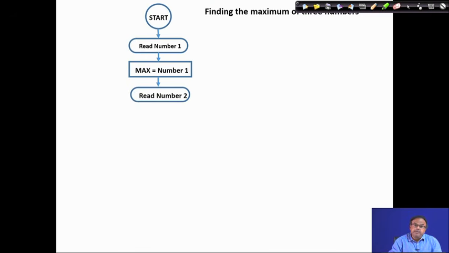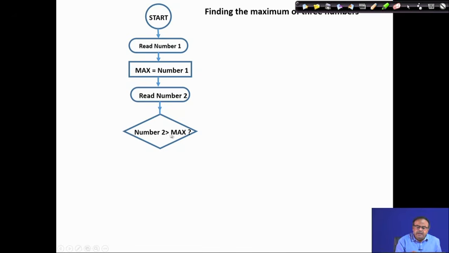Now, which one is the maximum? If the second number is greater than the first number, then the second number will be the max. When I read the first number, I set that to be the max. So, now after reading the second number, I can compare it with the max.